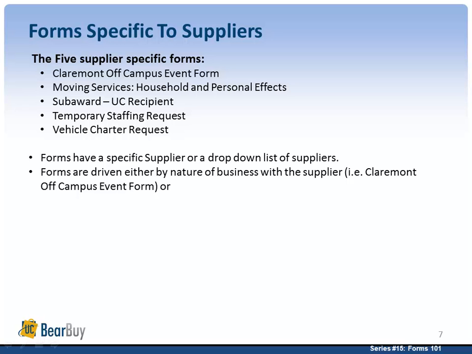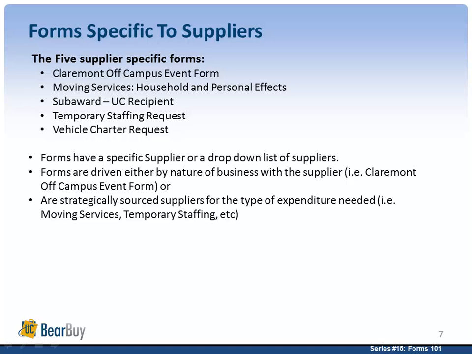These 5 forms are driven either by the nature of business with the supplier, for instance, the Claremont Off-Campus Event Form, or are strategically sourced suppliers for the type of expenditure needed, for instance, moving services, temporary staffing, and so on.